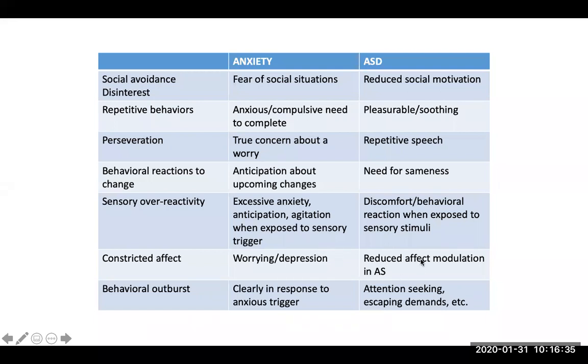The affect, there's reduced affect modulation, there's some flatness, there's a lot of worry and depression. A lot of the behavioral outbursts of autism are attention seeking or are escaping, and in people with anxiety, it might be more clearly in response to an anxious trigger.